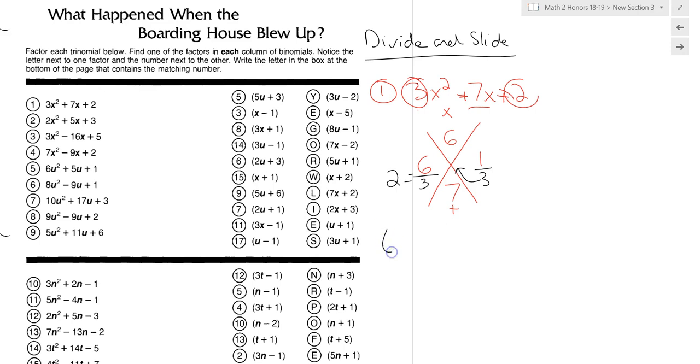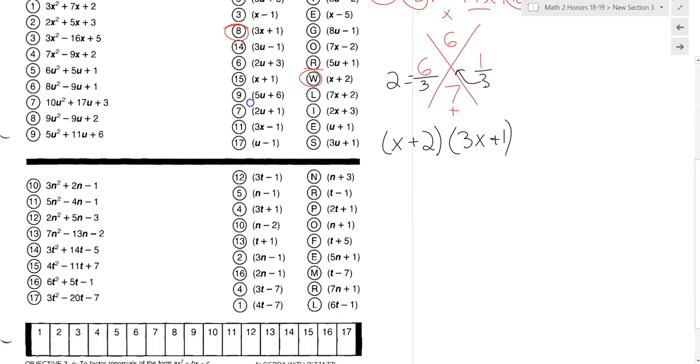So this one is just x plus 2. This 3 got split out, and it goes in front of the x. So this 1/3 becomes 3x plus 1. Now I'm going to look for these two. I see these are red. 3x plus 1 is here for number 8, and x plus 2 is here for w. So on number 8, we are going to put w.